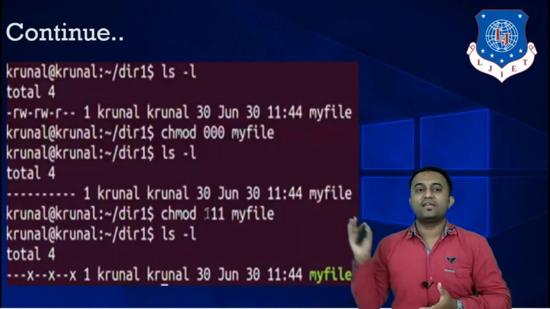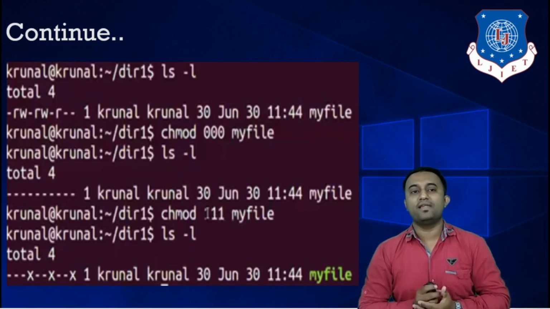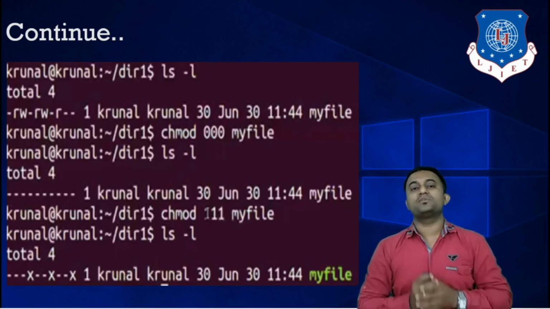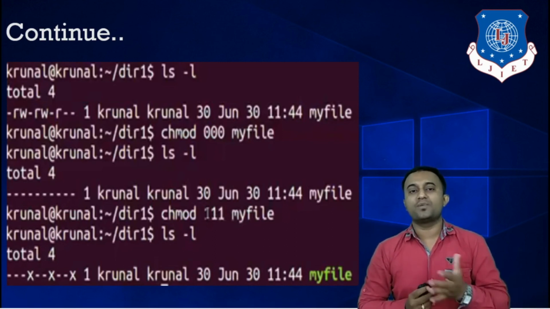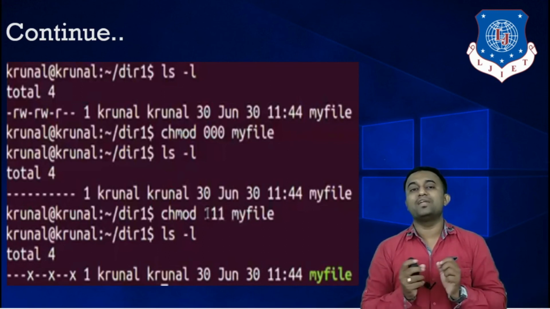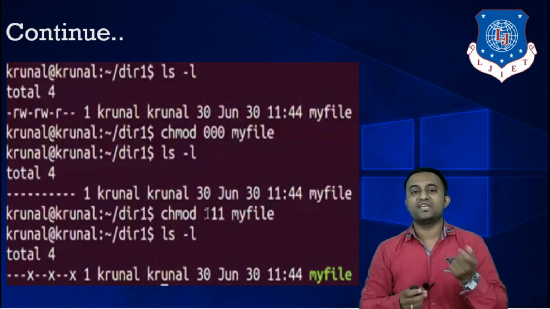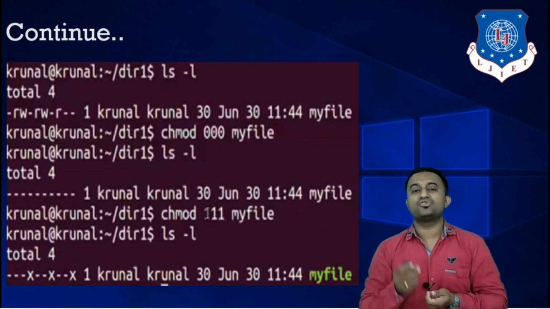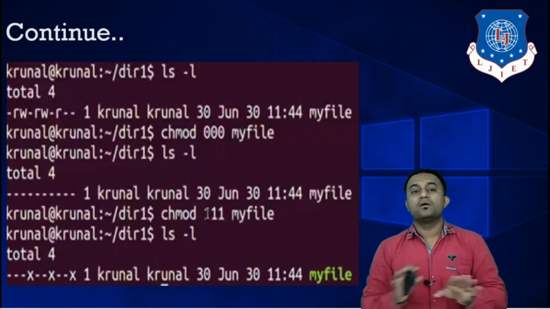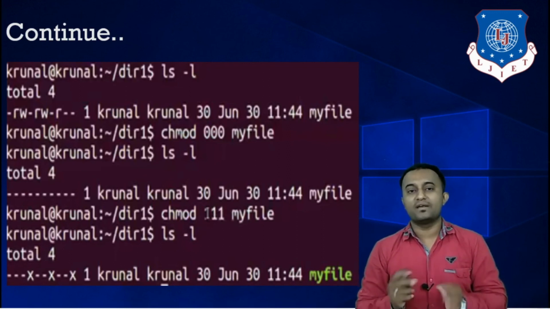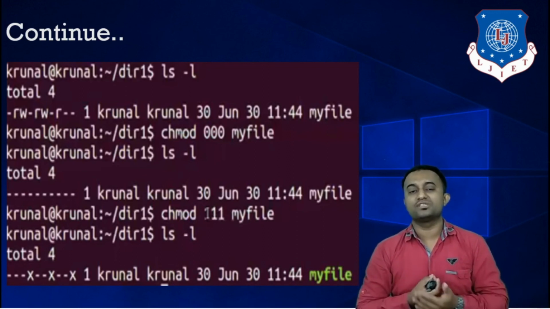So ls -n, again we have the same file, myfile. This is the default permission of this file. Now I need to change the permission. If I don't want to give any permission, as I told you, I need to mention 0 three times: chmod 000 myfile. It means nobody can read, write, or execute this file.